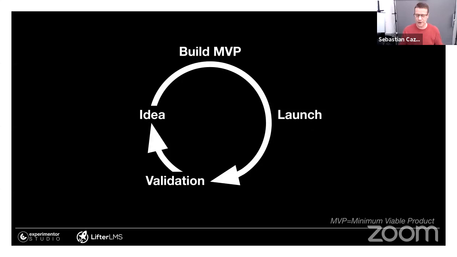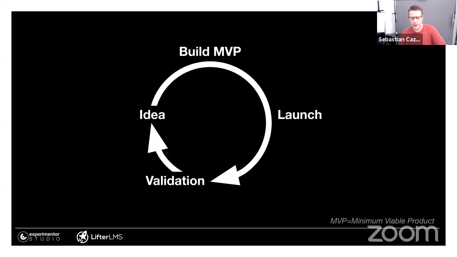This is not to say that Lean Startup is not a good method. I'm actually one of the early adopters of this method. I believe it came out on the market in 2011 when Eric Ries published his book, and became quite popular between 2013 and 2014. This is when the method really took off.